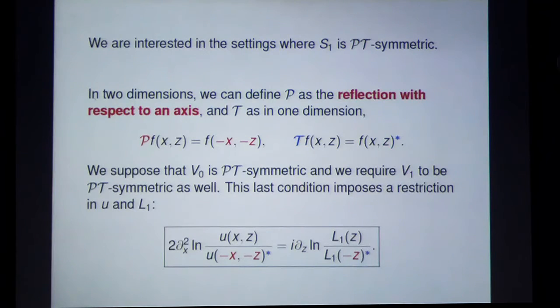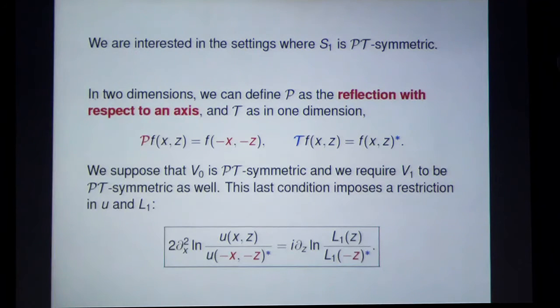If we find a function U and L satisfying this condition, and also that U and L are never equal to 0, and also that U is solution of the first Schrödinger equation, then we can apply the technique.